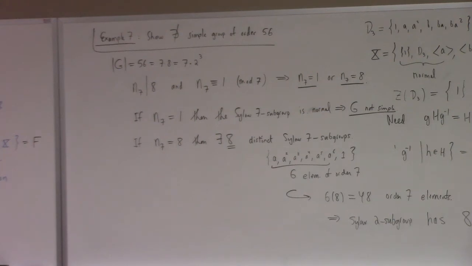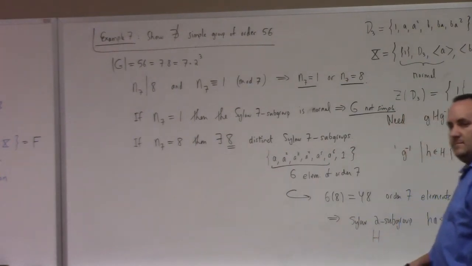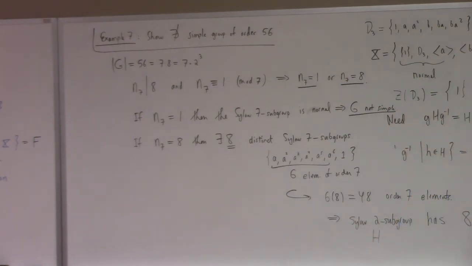So that implies that n sub 2 is equal to 1, which implies that, let's call this thing H, H is unique, and H is a normal subgroup of G, and it's not equal to G. Therefore, G is not simple.